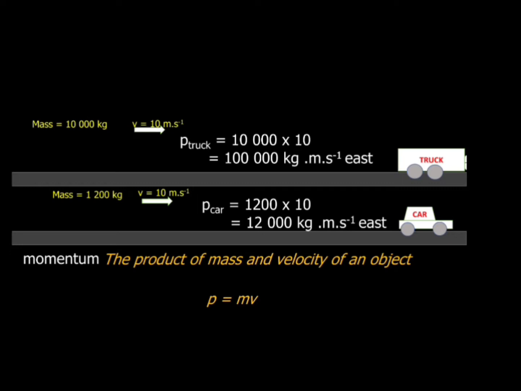Momentum is a vector quantity, so its direction is also of paramount importance in its analysis. So we can easily see that the momentum of the truck is much larger than the momentum of the car. Hence, the car is easier to stop because it has a smaller momentum. Well, we'll talk about momentum and impulse and hopefully that argument about why an object with a smaller amount of momentum is easier to stop.